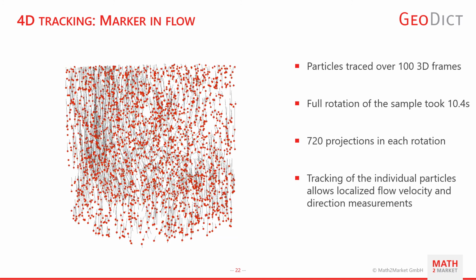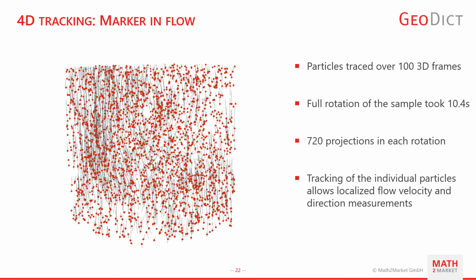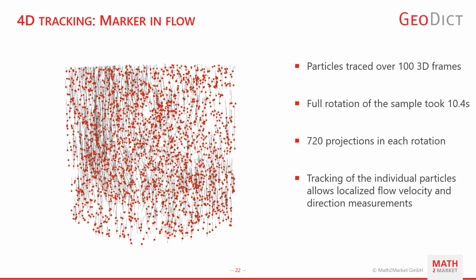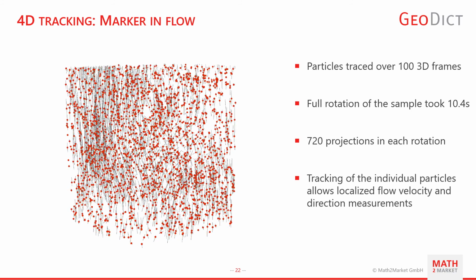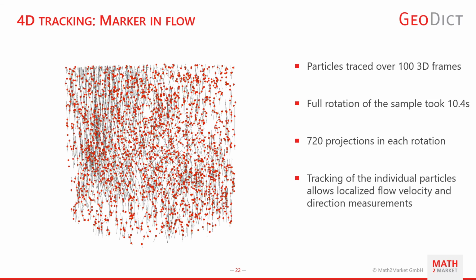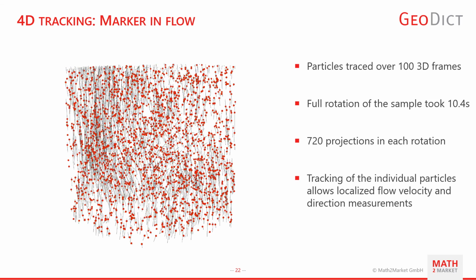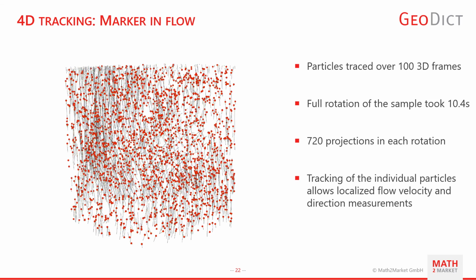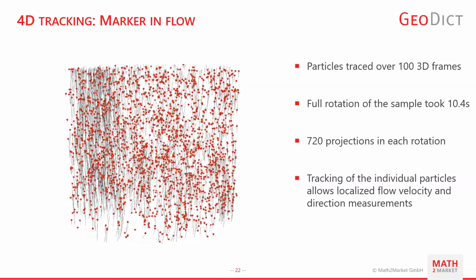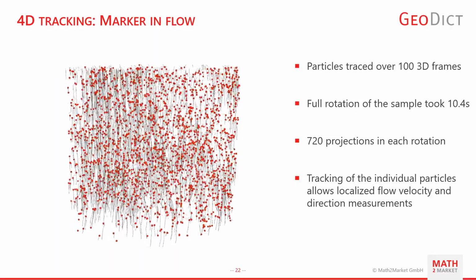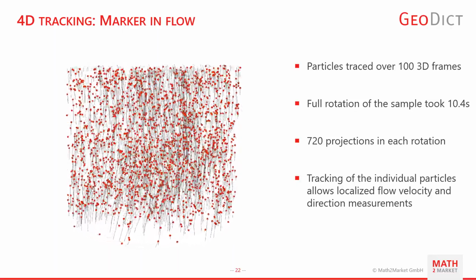We then traced these flow markers in the 100 frames of the 4D dataset, and you can now see on the left we represented each of the markers you've seen before in the segmented image as a sphere. They now all have the same diameter because for that example we didn't put in the correct diameter.